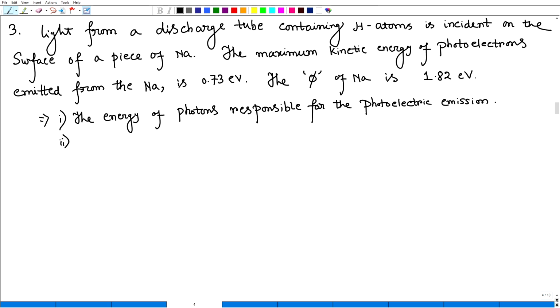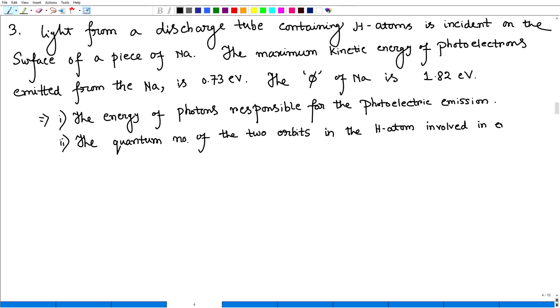Okay. And the second question is the quantum number of the 2 orbits in hydrogen atoms, okay, the quantum number means the n value, of the hydrogen atom involved in emission of photons.